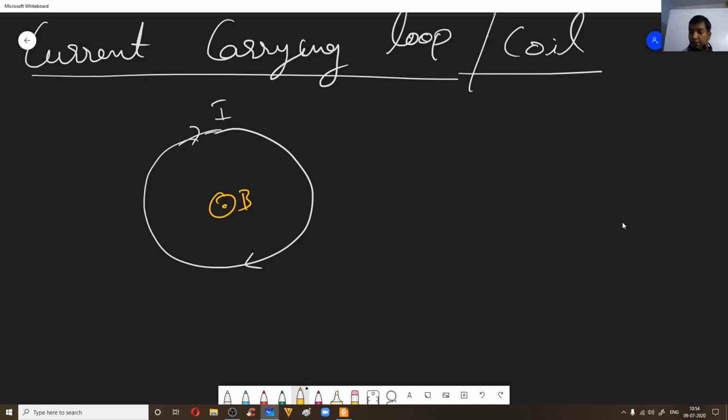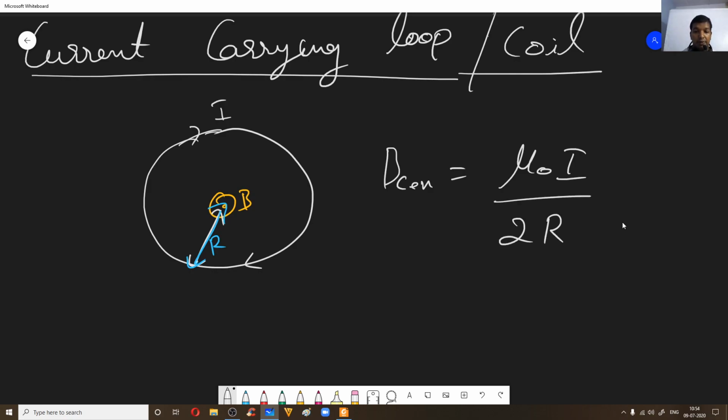Now if r is the radius of the loop, then the magnetic field at the center will be given as mu naught I divided by 2r.